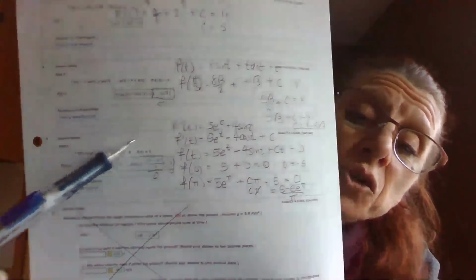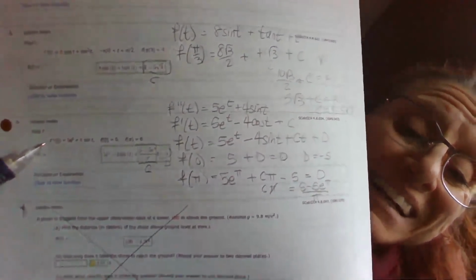WebAssign week 12, number 3. All right, antiderivatives. I have this one. I have these written up. All right, so you're going from F prime. Oh, this is so little. I'm reading it backwards and little.